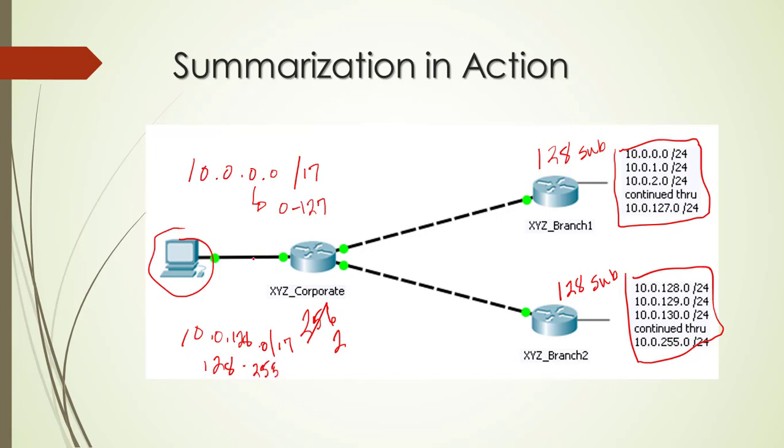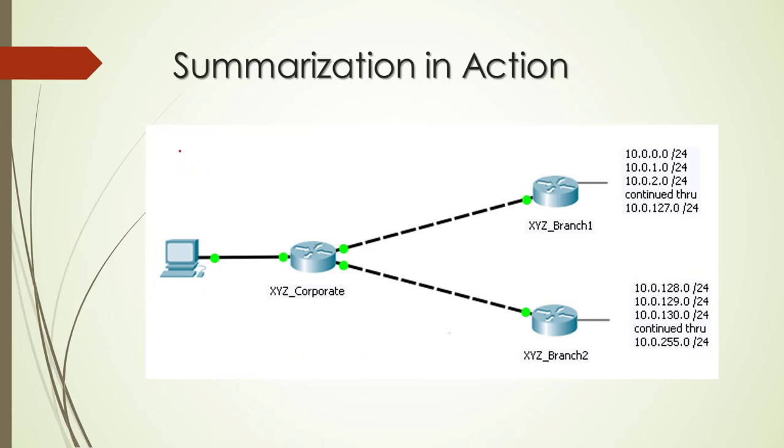This is known as route aggregation, and it reduces the overall memory requirements on the router as well as the processing requirements, and it increases the efficiency of the packet being forwarded because instead of having to go through 256 individual routes, now it's only compared against 2.